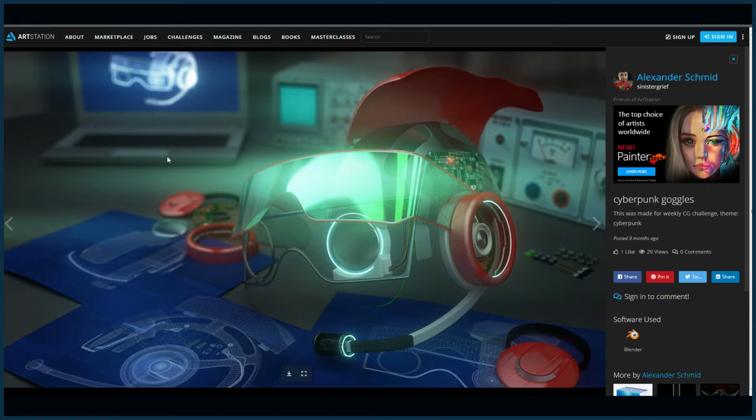Okay, so maybe I should have a kind of desk lamp that has the spot directly on the goggles. So the rest should be lower lit.